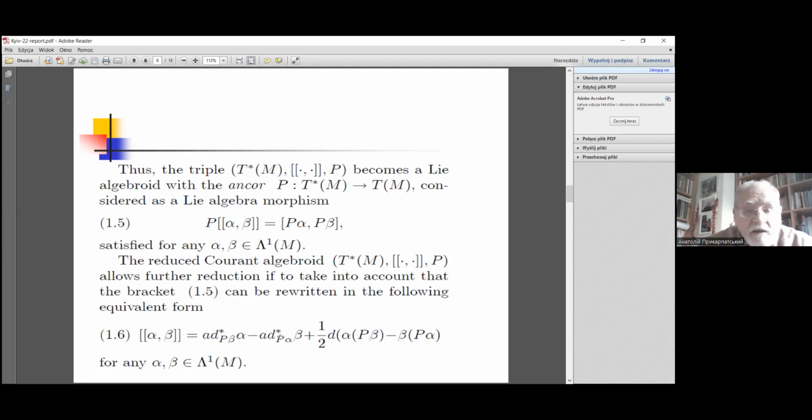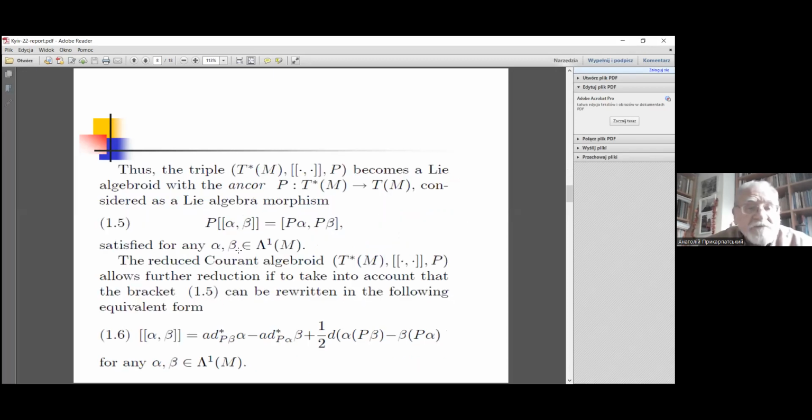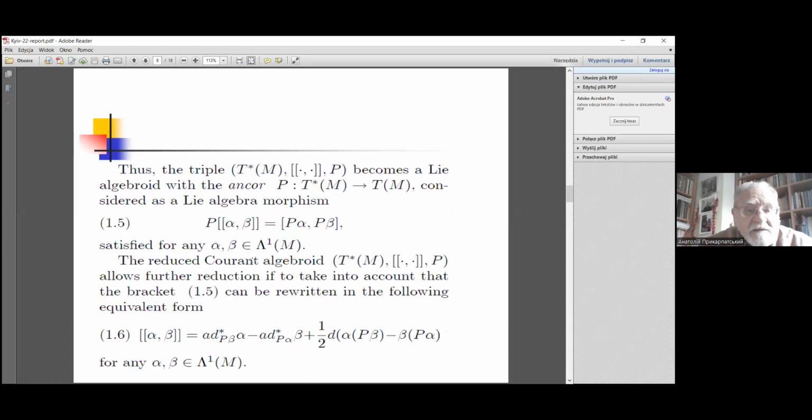What is interesting is that this bracket, which was defined above, I forgot to say that L_P alpha denotes here the standard Lie derivative of the beta form with respect to the vector field P alpha. So the usual Lie derivative of the differential form. So if we consider this bracket, we can rewrite it in the following equivalent form.